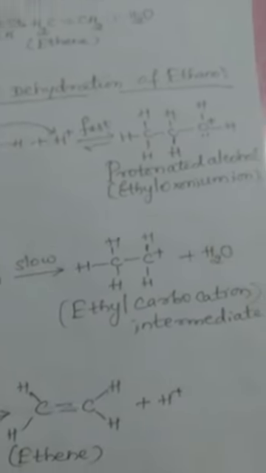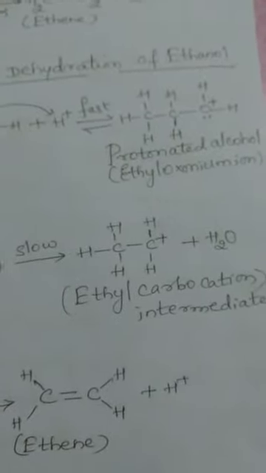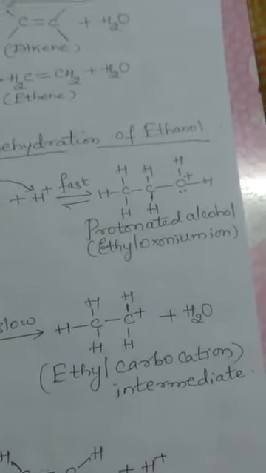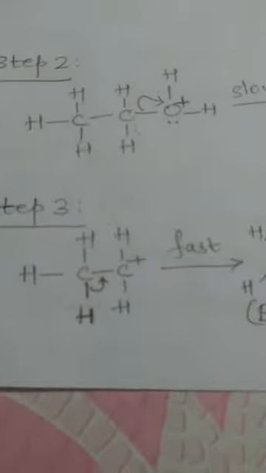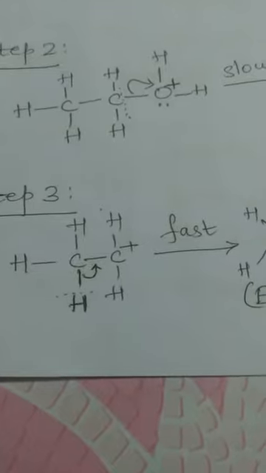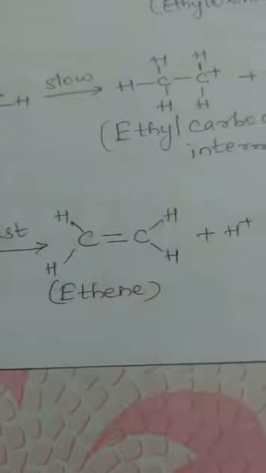Now this ethyl carbocation which is formed, CH3CH2+, is an ethyl carbocation, will eliminate a proton in the last step. If you look at the last step there, yes, this is the ethyl carbocation, will eliminate a proton, so that shift in the position of pair of electrons towards the adjacent carbon takes place and you will get the product as ethene, CH2=CH2, plus H+.